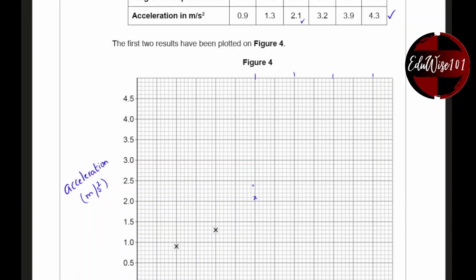So that's 5 boxes. So from 2 to 2.5, that's 5 boxes. So each box is 0.1. And at 0.4, it's 3.2. 0.5 is 3.9. 0.6 is 4.3.